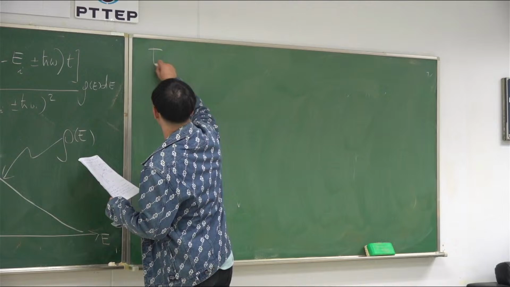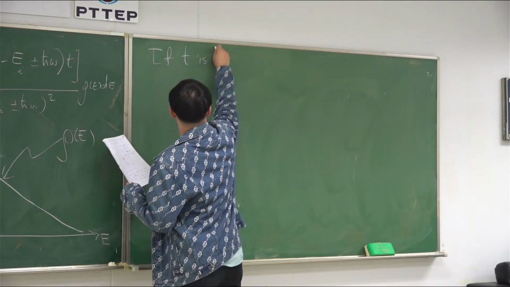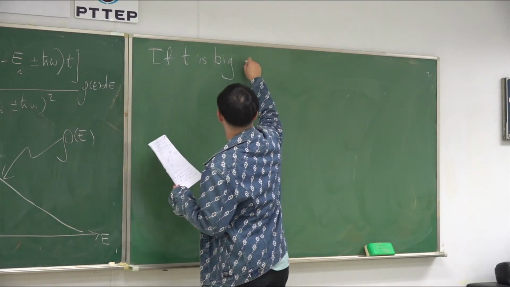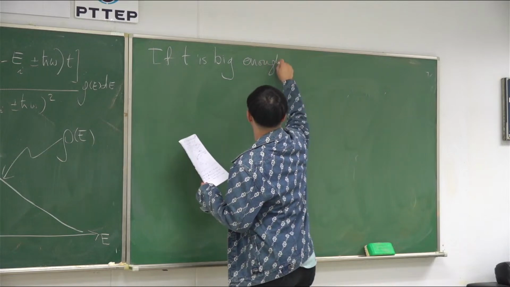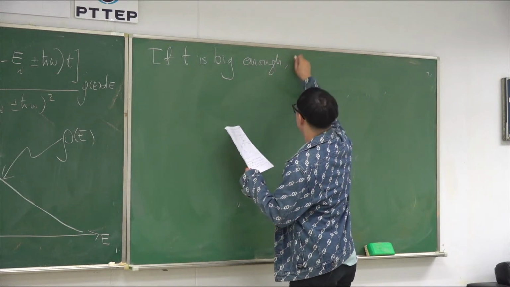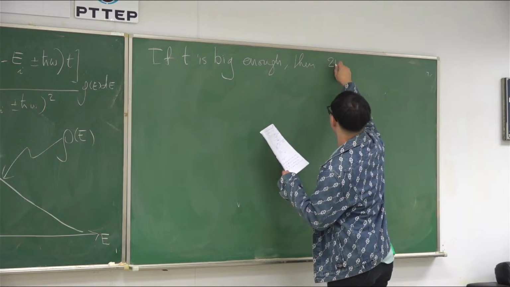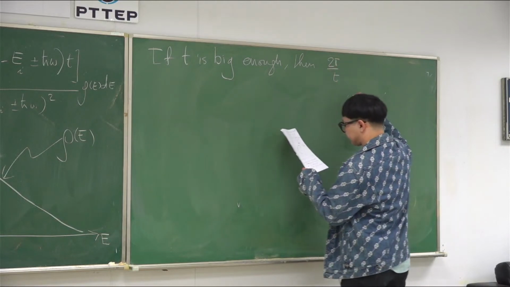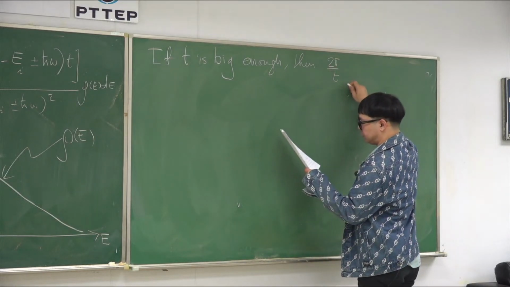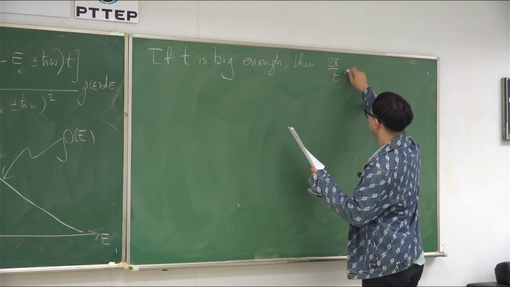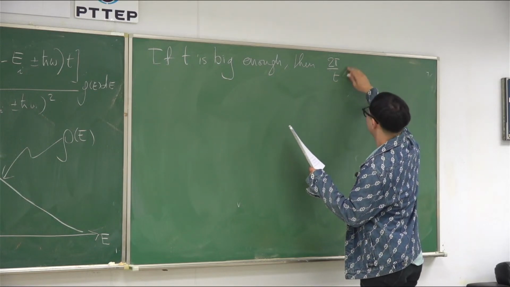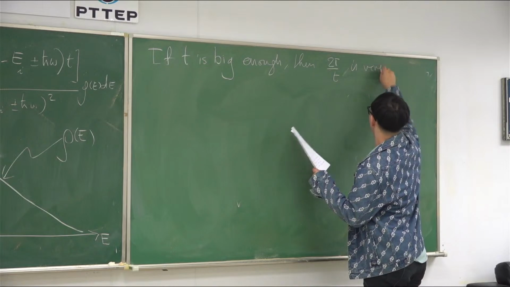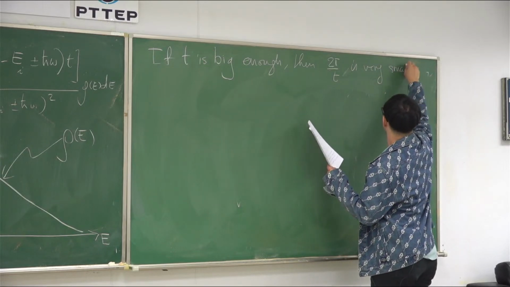So if t is big enough, then this factor is very small.